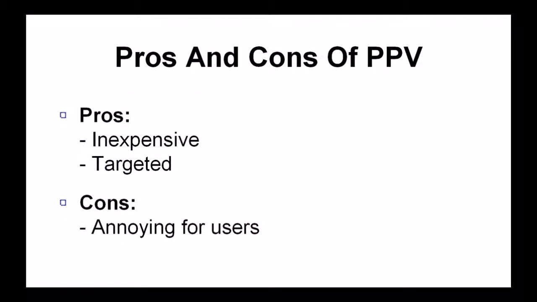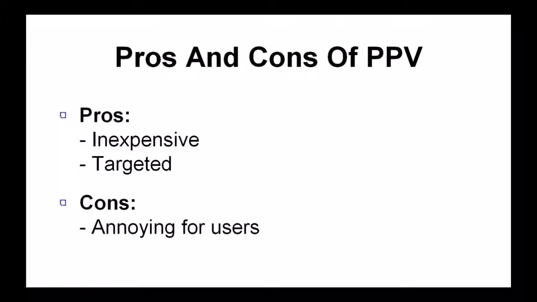Now let's talk about the pros and cons of PPV. The pros are that PPV traffic is extremely cheap, as you can get views as low as $0.002 per view. PPV traffic is also targeted to the users.